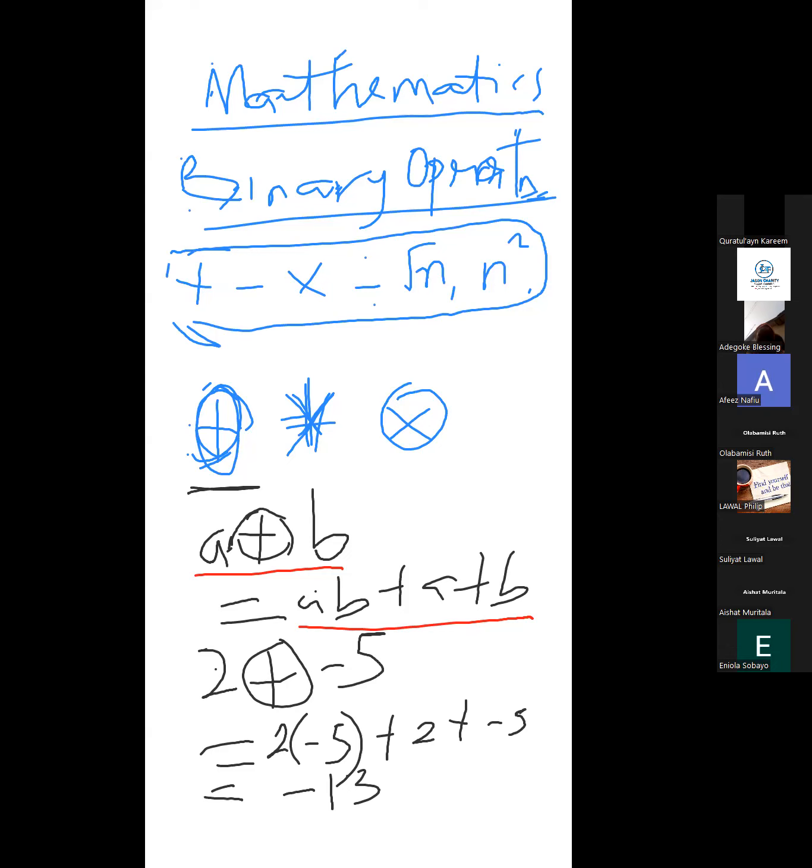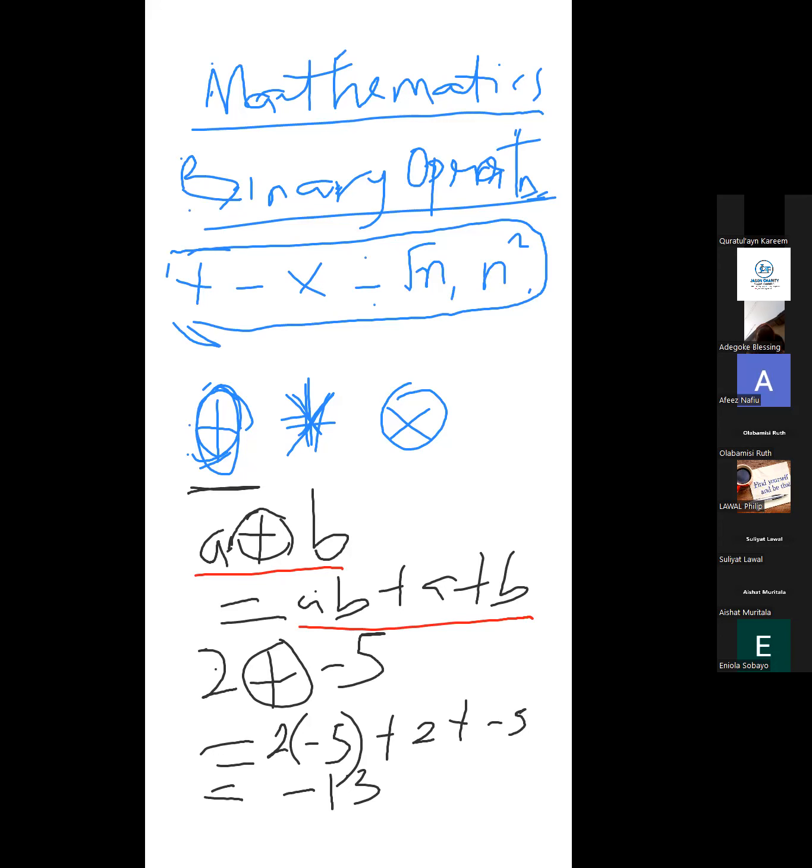Does my answer belong to the set of integers? The answer is yes. So I pick any integer, I operate it based on this binary operation, and I'm able to get another answer, which is also part of set of integers. Then it is closed. That is what they call closure.